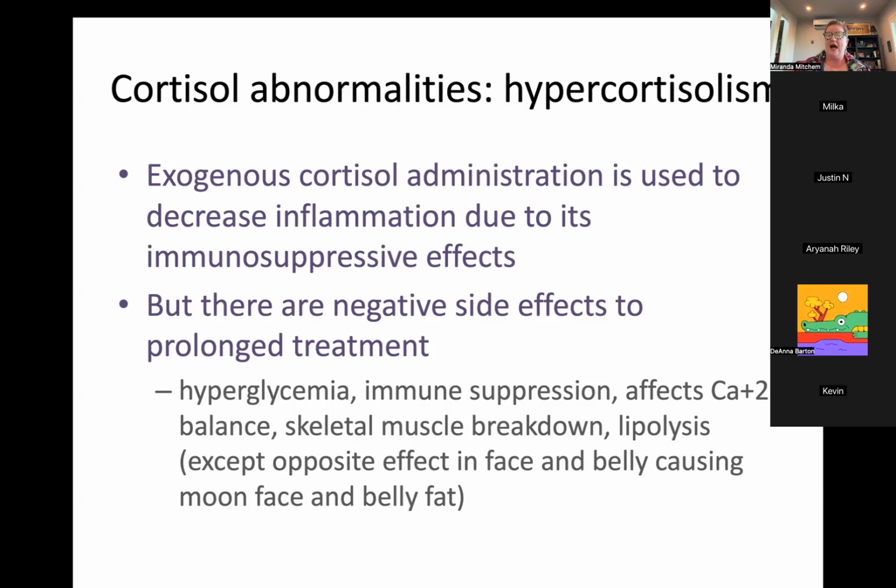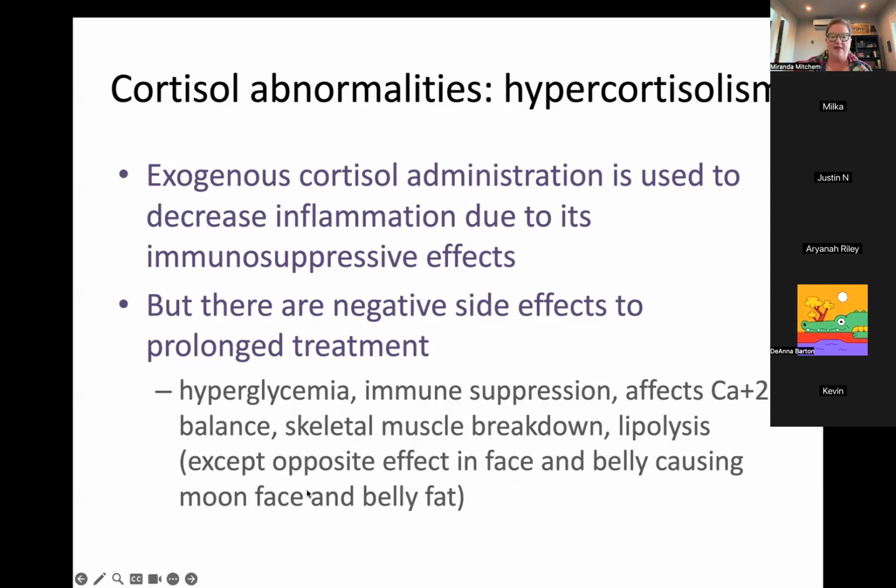We just looked at how the blood sugar can increase. It's a very powerful immune suppressant, targeting most all of the white cells. It affects the distribution and balance of calcium, so that can affect our bones, but also signaling. It breaks down the skeletal muscles. And then we have lipolysis, which is specifically targeting the adipose tissue of the belly.